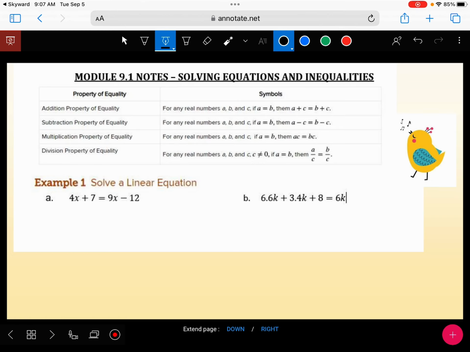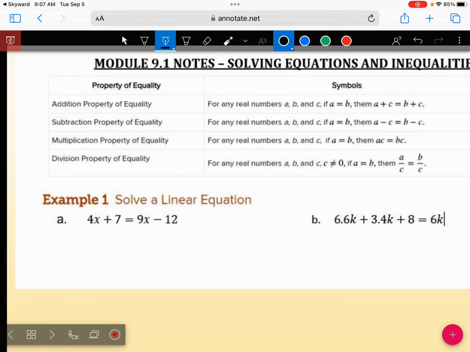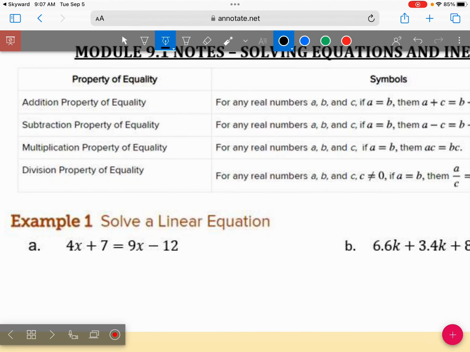Okay, so let's go ahead and get started with our notes. So solving equations and inequalities, the goal is to get all your variables to one side. Okay, and we do that using the 4 properties of equalities.